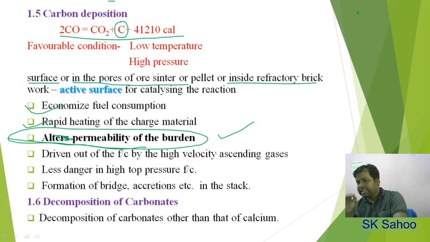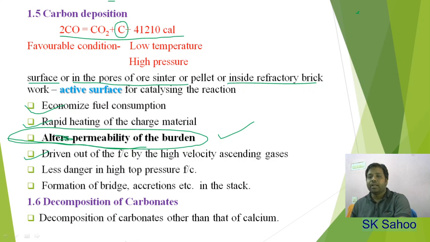So these tiny particles cannot withstand that much pressure, and they will fly away into the outgoing gases. So it will decrease the efficiency of carbon deposition. It is driven out by the high velocity ascending gases into the gas cleaning units.